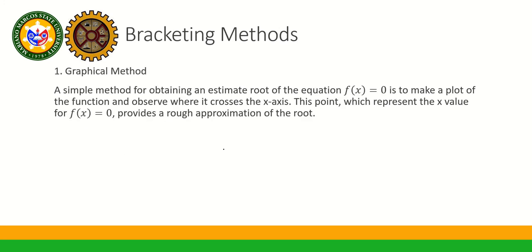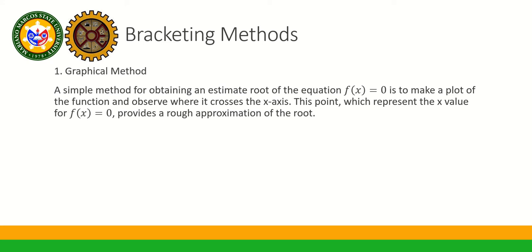So, we have this first method in solving for roots of equations, the bracketing methods. So, under bracketing methods, meron tayong first is the graphical method. So, graphical method is a simple method for obtaining an estimate root of the equation f of x is equal to 0 is to make a plot of the function and observe where it crosses the x-axis.